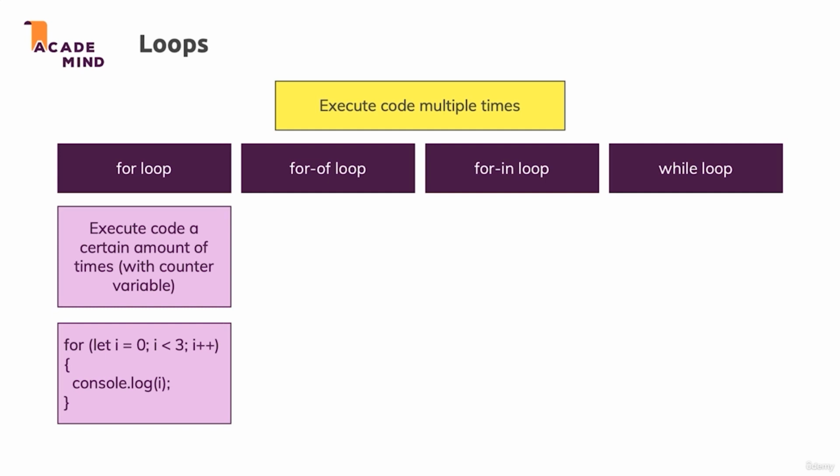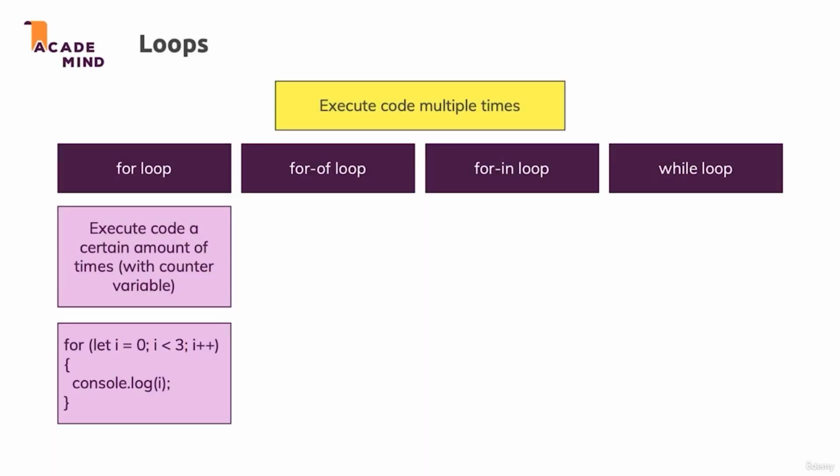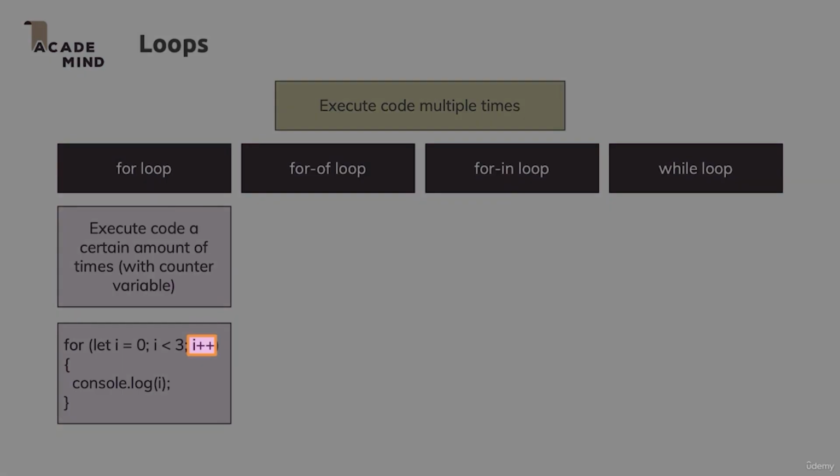Then we also have separated by a semicolon, so not by a comma, not by a colon, but a semicolon, a condition, an exit condition, which basically defines when we stop executing that code between the curly braces. And then we have, separated by another semicolon, the code that should run after every loop iteration.